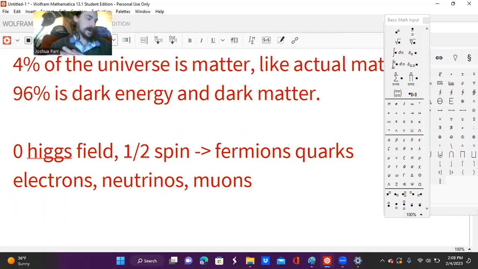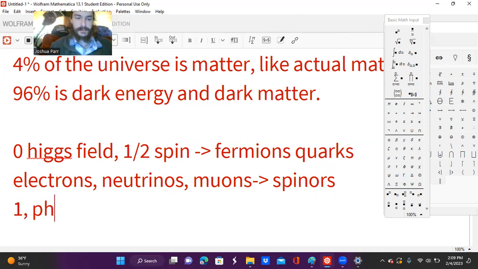Now, the half spin things that I just described are also spinors. Now we have integer spin items like photons and bosons, and those are vectors.